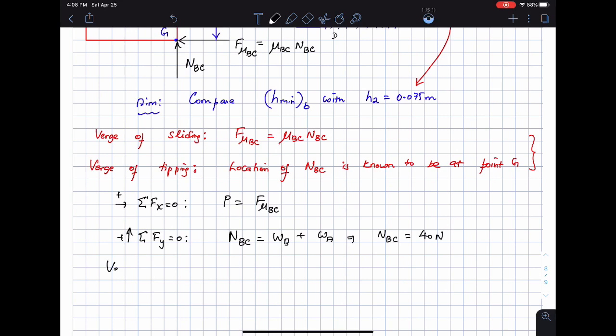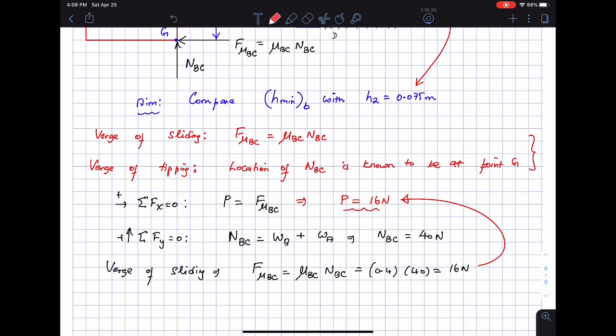Then verge of sliding implies that F mu BC is mu BC times NBC. So this is going to be 0.4 times 40 or 16 newtons, which implies that P is equal to 16 newtons. That is coming from here.